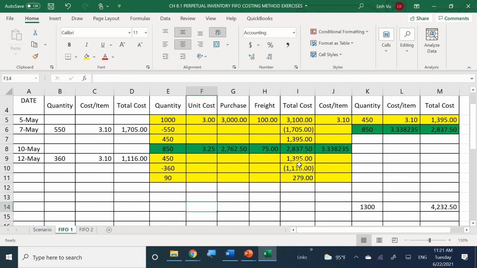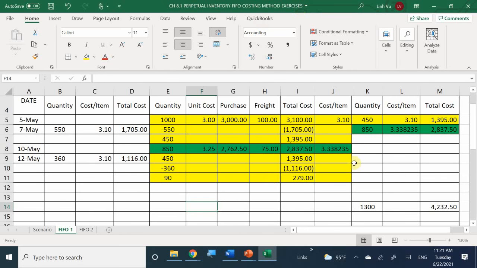So when I subtract it out, my yellow batch should reflect that I have 90 items left at a grand total of $279. I'm highlighting the color so you know exactly which batch I'm coming from, and where I'm calculating it from.